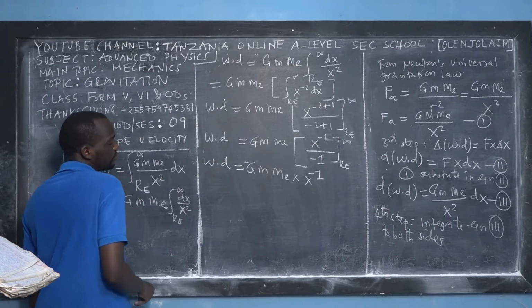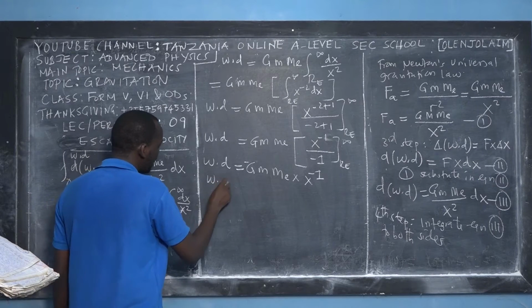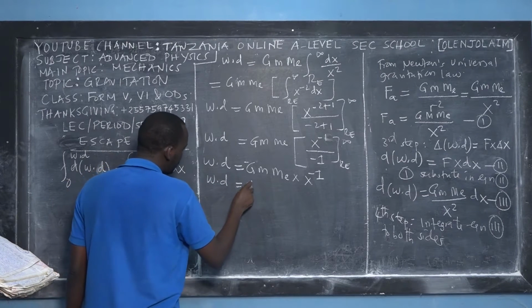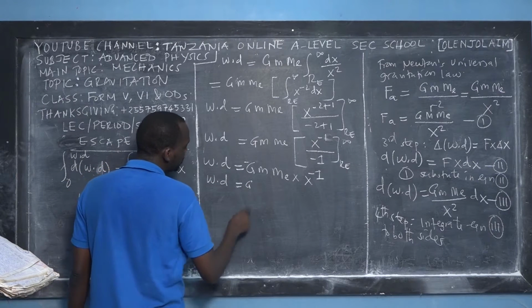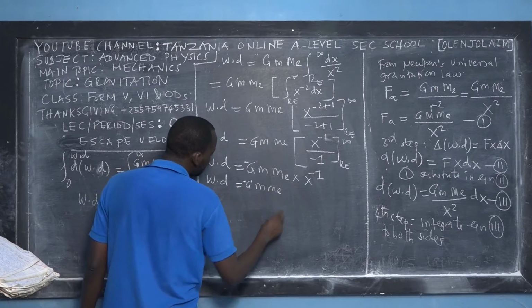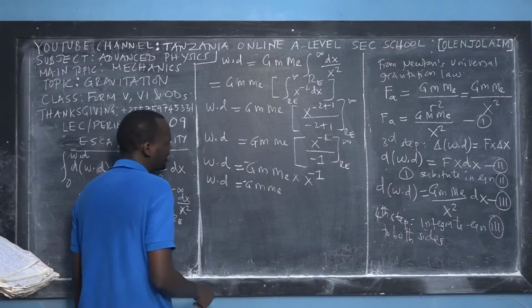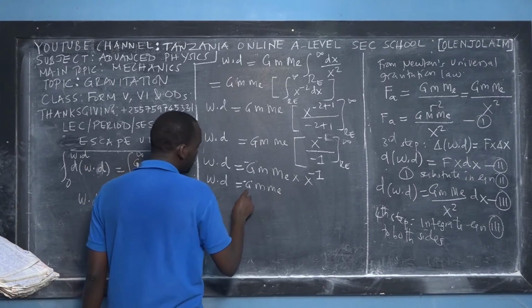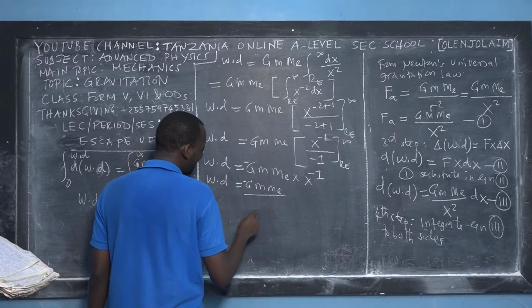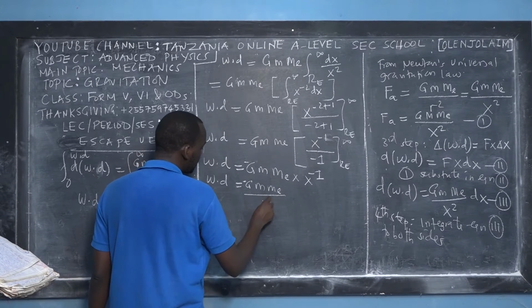Okay? So what do you say? You say that work done is equal to gravitational potential. We say negative G, mass of the body times mass of the Earth, because x power negative 1 is equal to 1 over x.